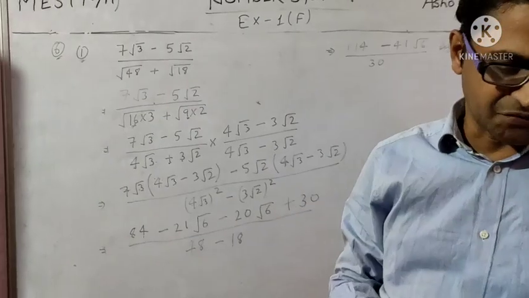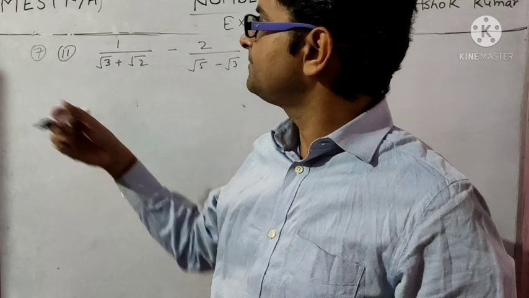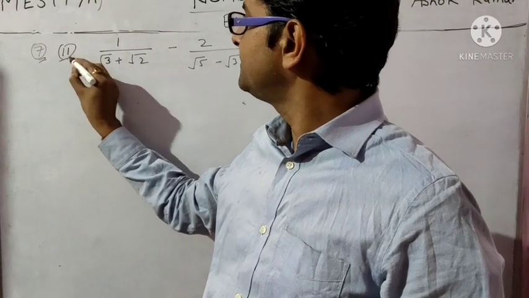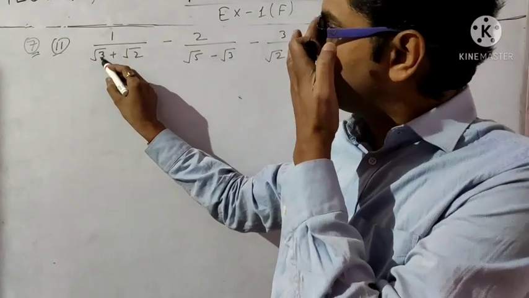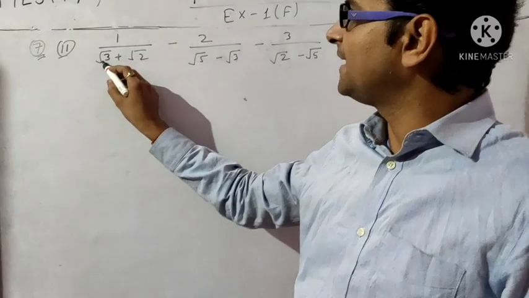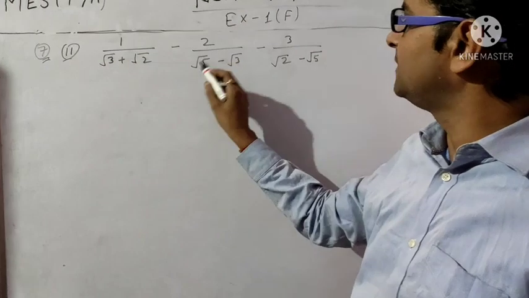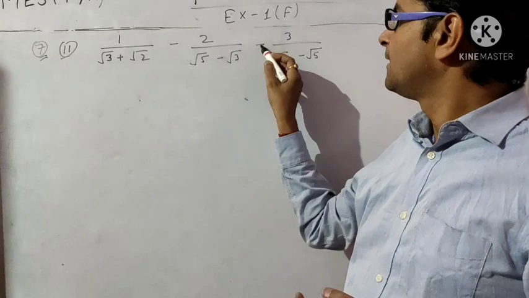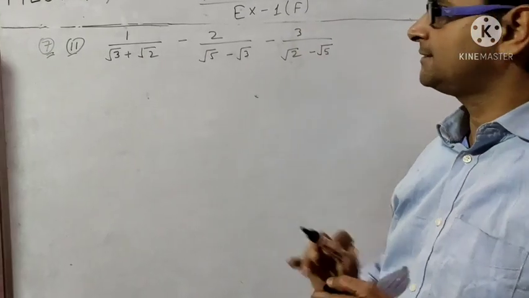Okay, the next question is question number 7, part second: 1 divided by root 3 plus root 2 minus 2 divided by root 5 minus root 3 minus 3 divided by root 2 minus root 5.